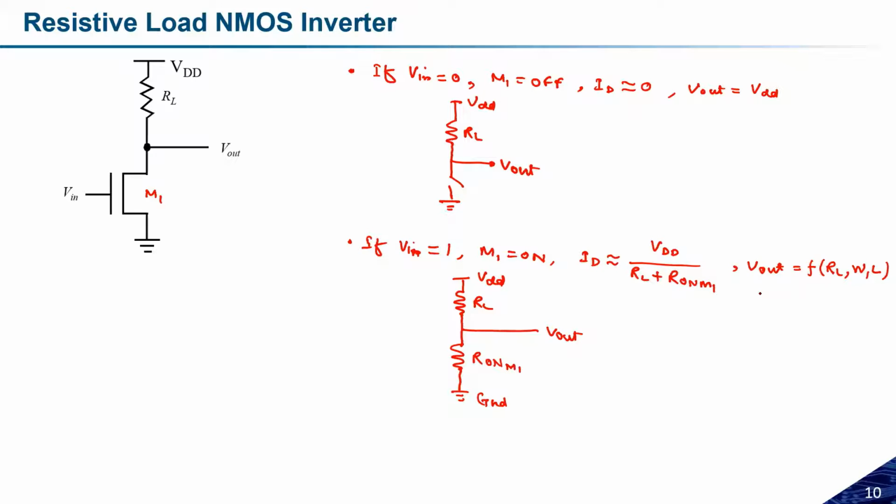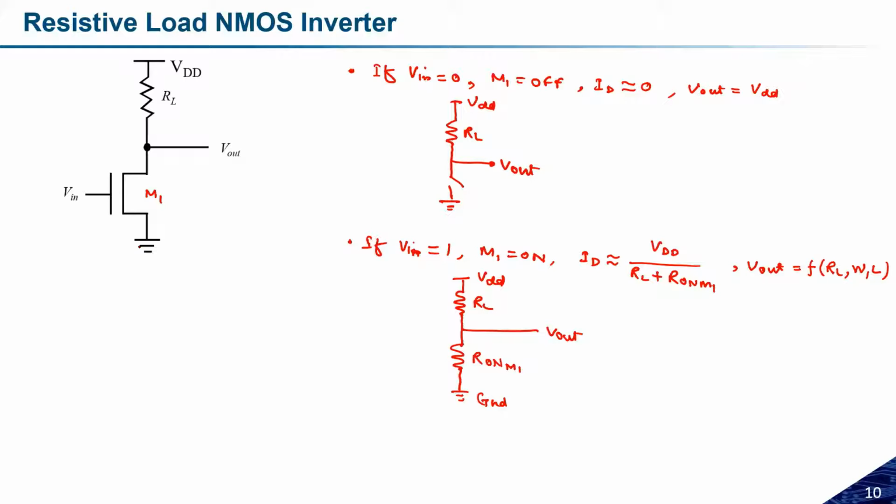If RL is very high and W by L is very small, in that case we can say that the ground will be transferred to the V output. So that depends on these things.